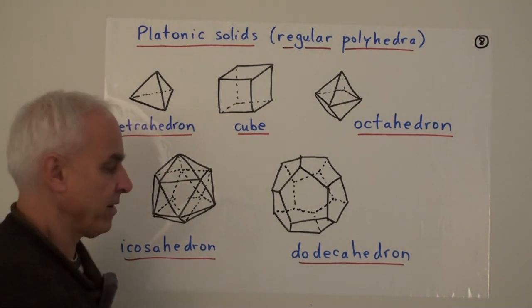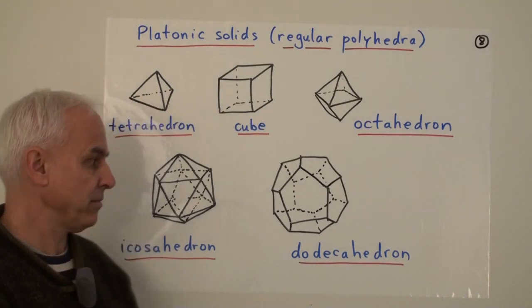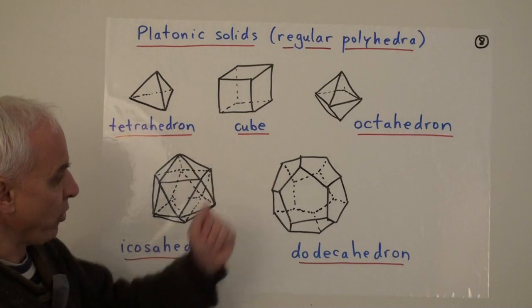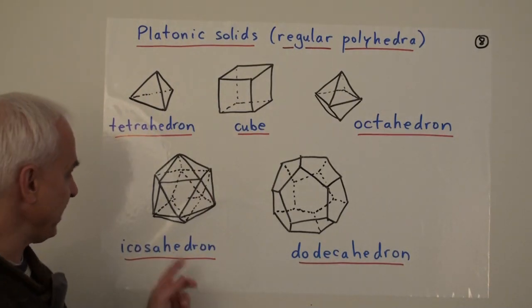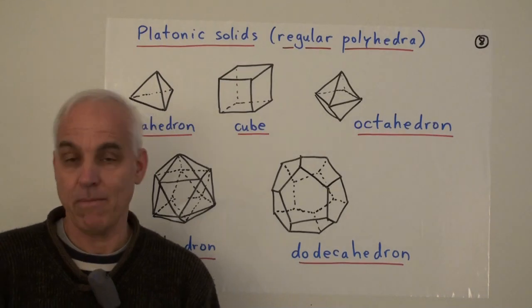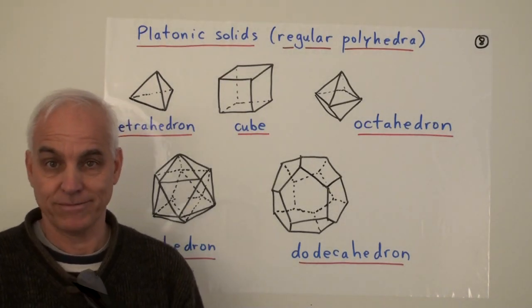So dodeca refers to 12. A dodecagon is a 12-gon. Okay, these are very important, beautiful objects, so please make sure that you at least are familiar with the words, because they come up in a lot of situations historically especially.